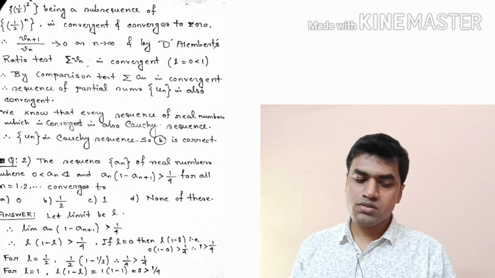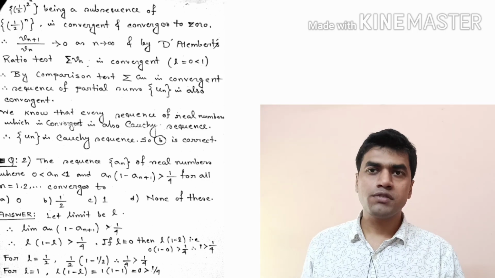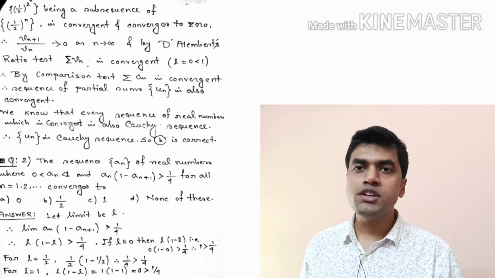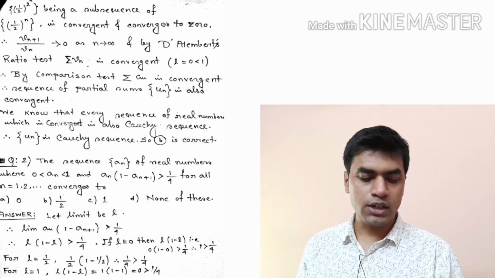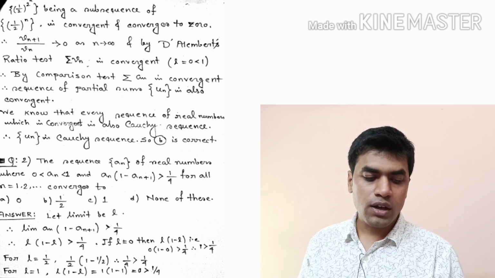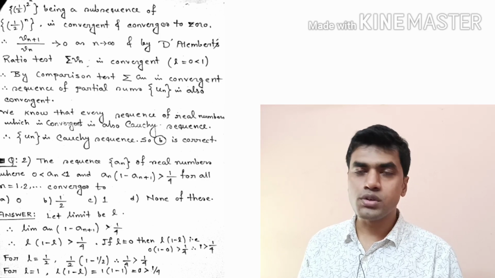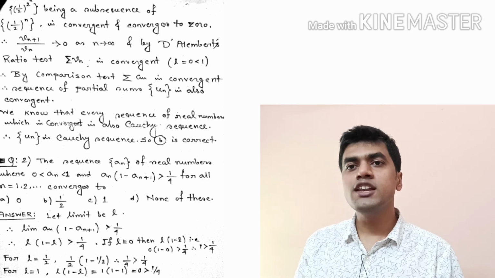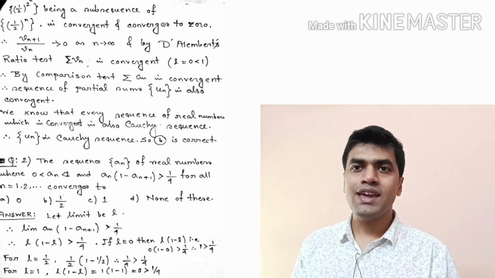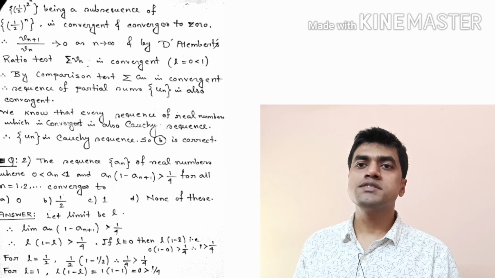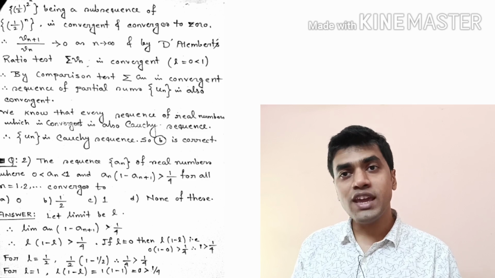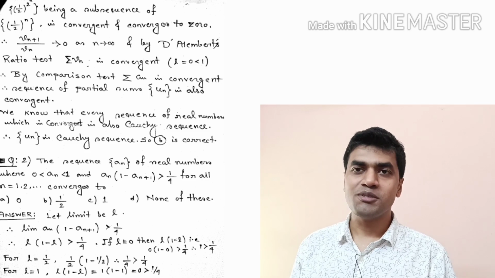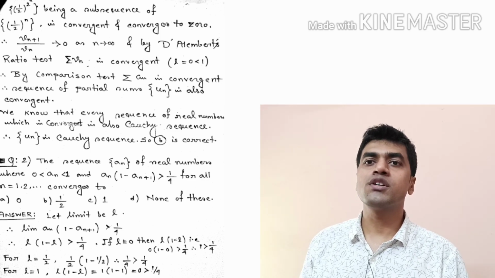So k is a constant, therefore limit of k would be k, that means limit Un >= k. Now L(1 - L) >= 1/4, since applying limit we would get limit An as L and also limit A(n+1) as L, because L is the limit for all terms.